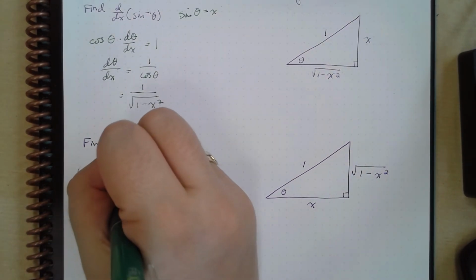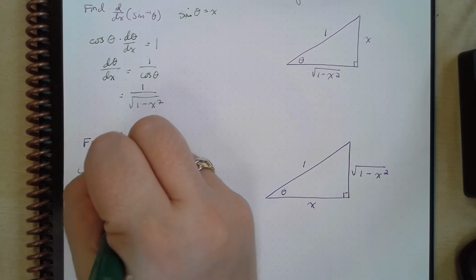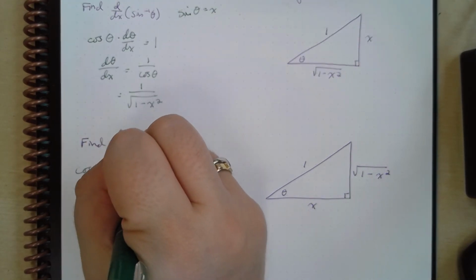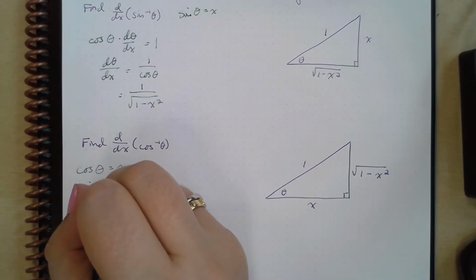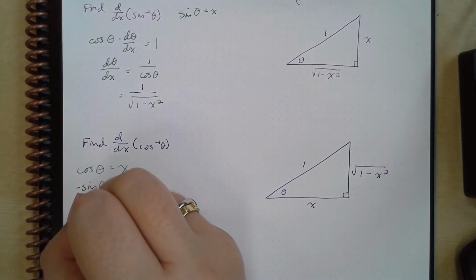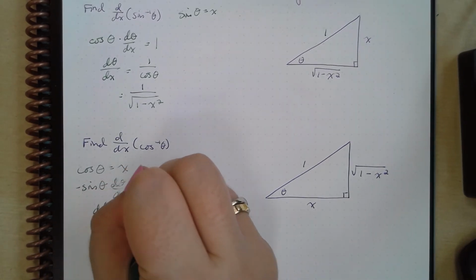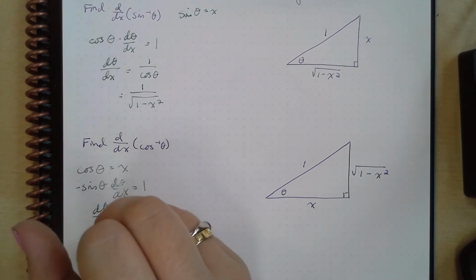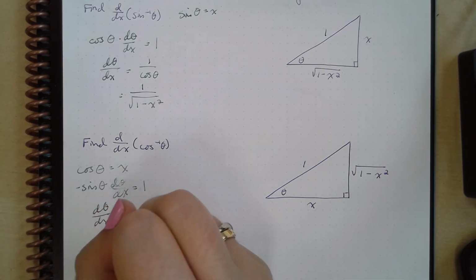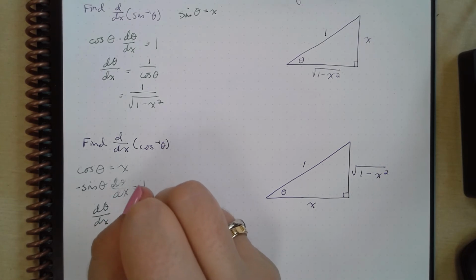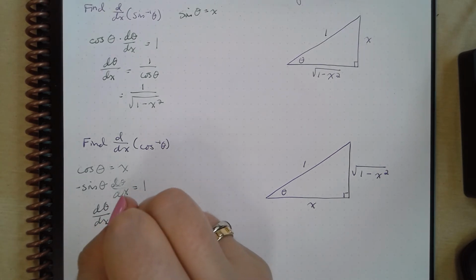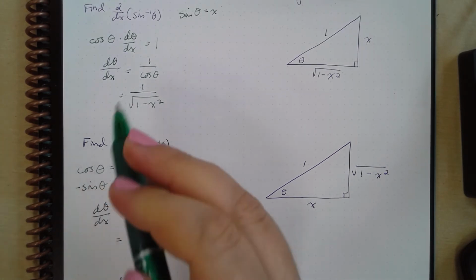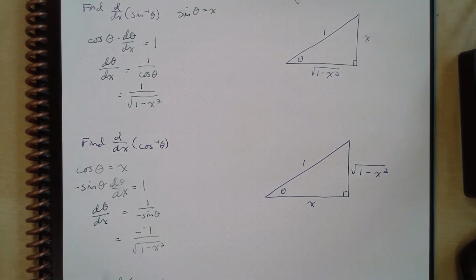I forgot my d theta over dx. Negative sine of theta times d theta over dx is equal to 1. I divide both sides, so I get d theta over dx is equal to 1 over negative sine of theta. And I substitute in for sine of theta, so I get d theta over dx is equal to negative 1 over the square root of 1 minus x squared. You can see that I pulled that negative up to our numerator.